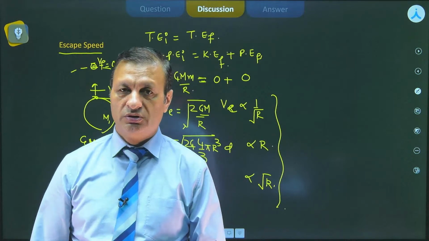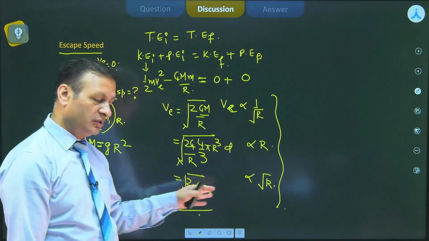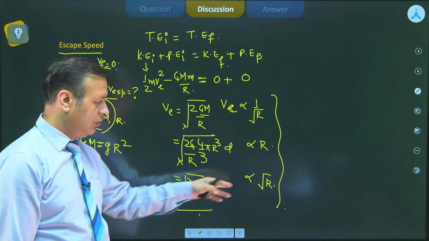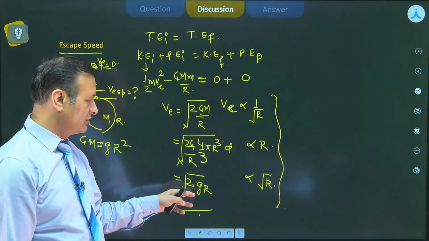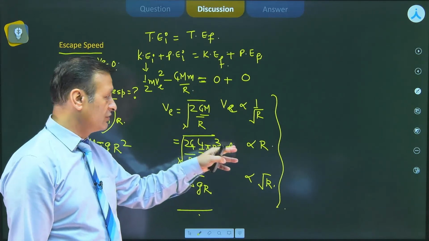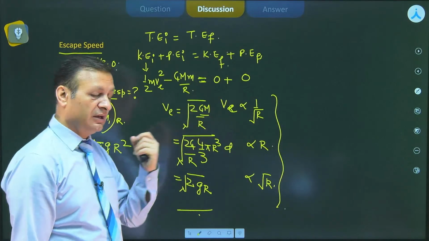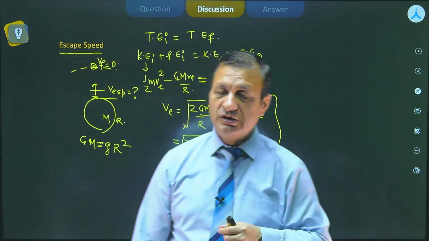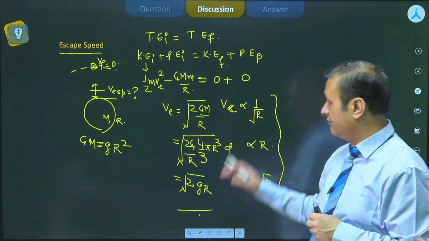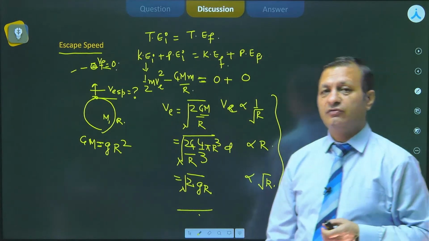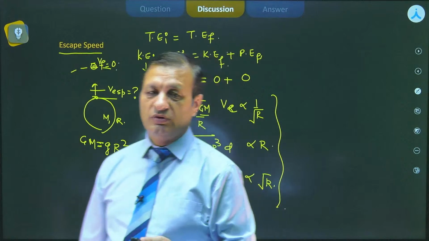No. You have to look for the other parameter given. Why is this? Because here g is assumed to be constant, here the density is assumed to be constant, and here the capital M, that is mass, is assumed to be constant. So before you answer for any of these variables, you have to be very particular how you answer it.